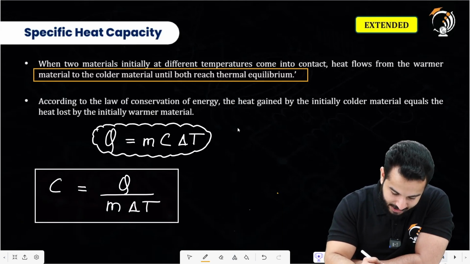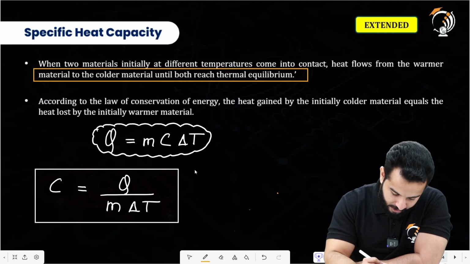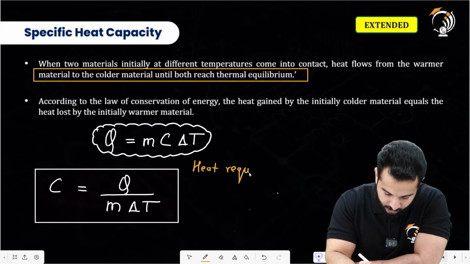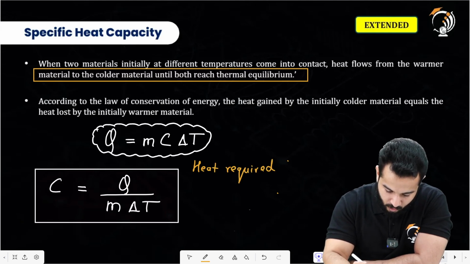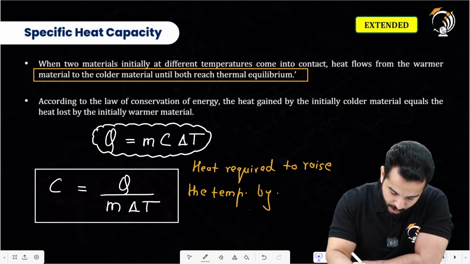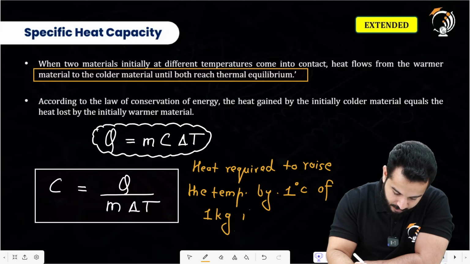Now we can say specific heat capacity is the heat. So let me write it over here. It is the heat required to raise the temperature by 1 degree Celsius of 1 kg mass.